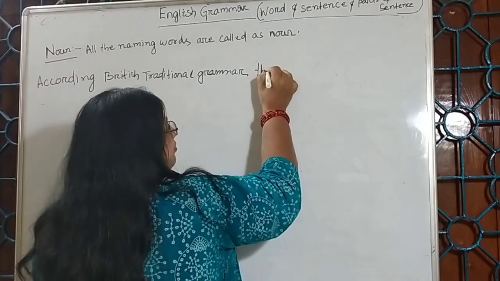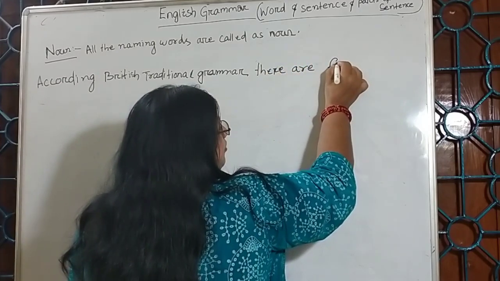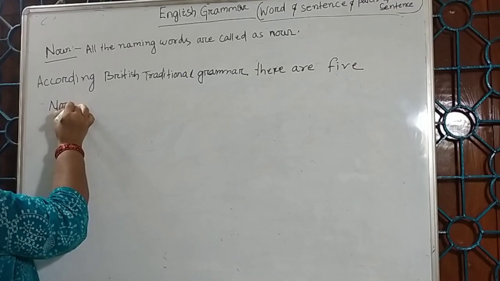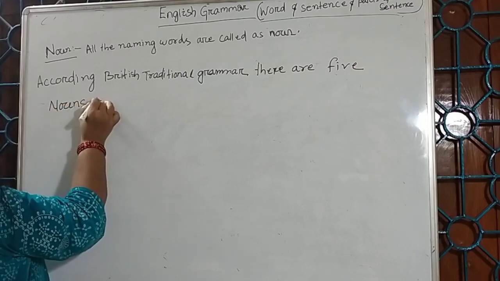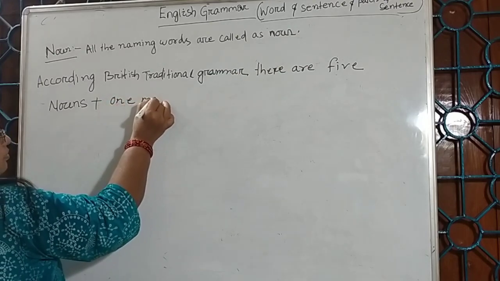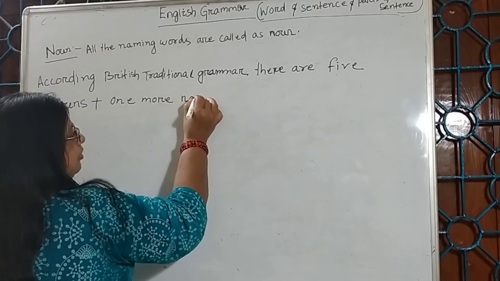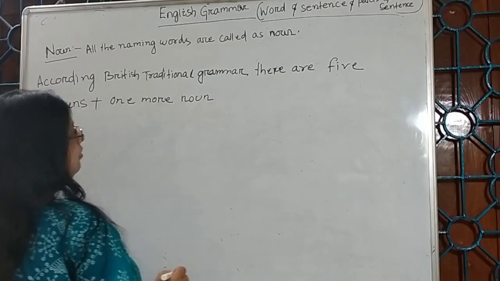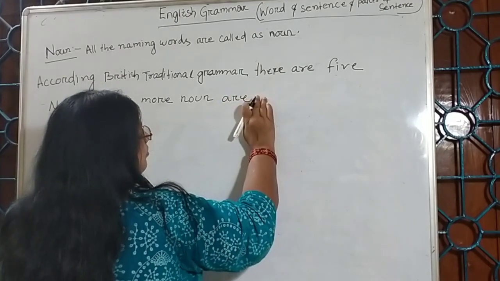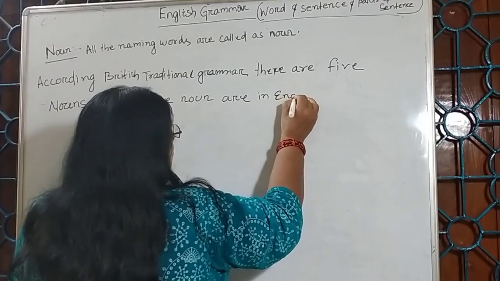there are five nouns plus one more noun in English grammar.